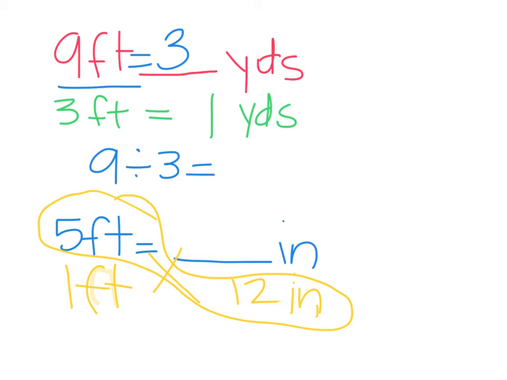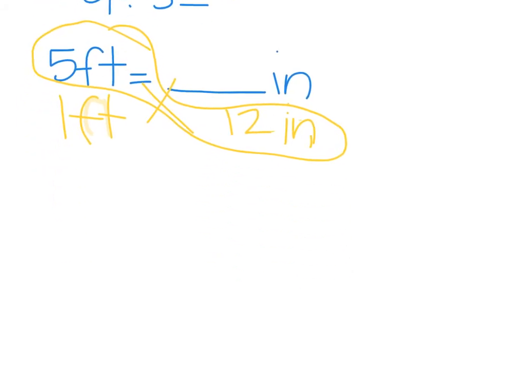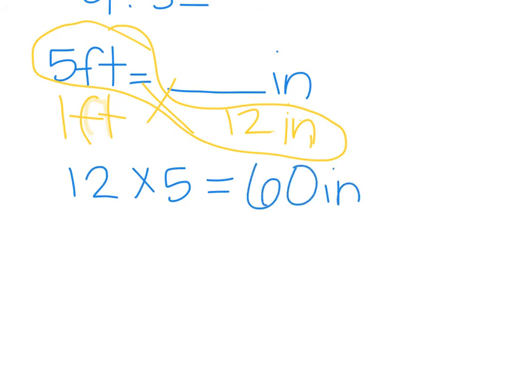So right here, I want you to put, and I know you can do this in your mind, 12 times 5 is easy. Y'all can do that in your mind. But the reason we're doing this is to have it to look at tonight. And that's going to equal 60 inches. So I got my 12 from here, I got my 5 from here, and I have 60 inches. Does everybody see how I got my 60 inches?